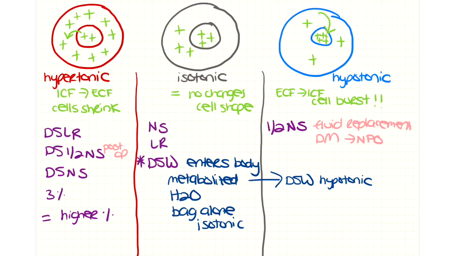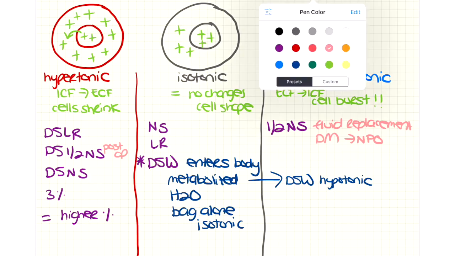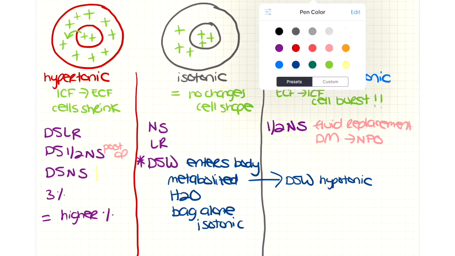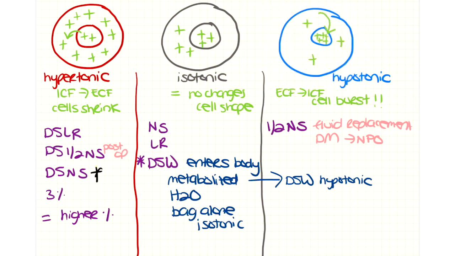D5 NS. Fluid overload. Basically, watch out with your hypertonic solutions, because now you're shifting from intracellular to extracellular, which causes an increase in the vascular system.